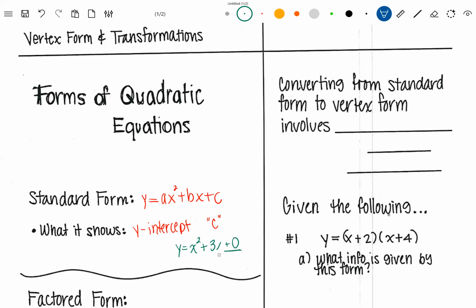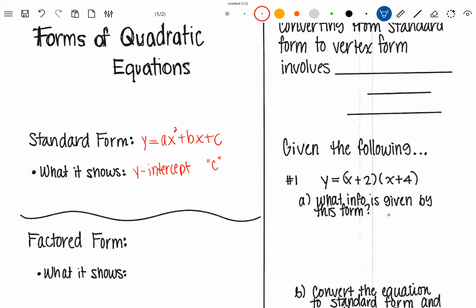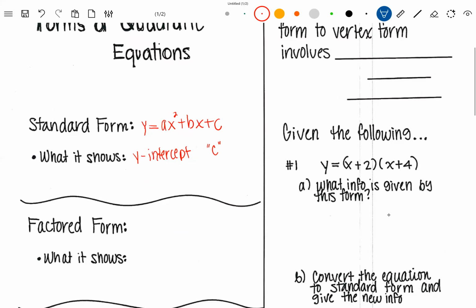Or if you had this, that 3 is the constant, there's not a linear term, but the 3 is the constant, that's the y-intercept, that's where it crosses the y-axis. So that form of the equation is helpful because it tells you immediately what the y-intercept is.